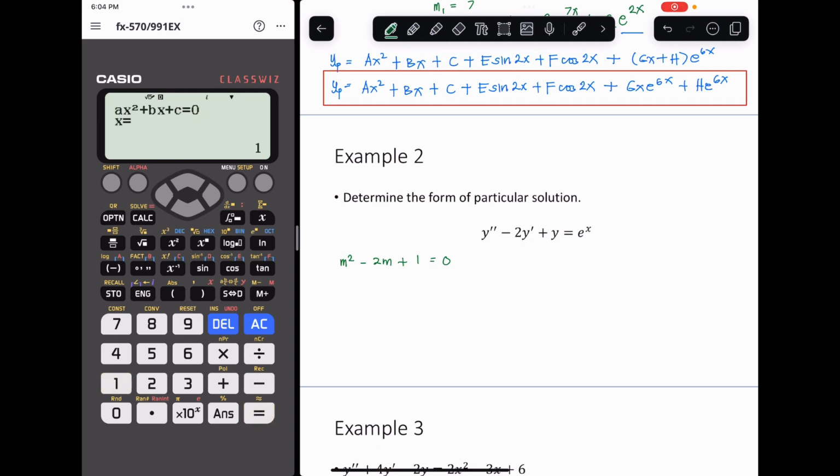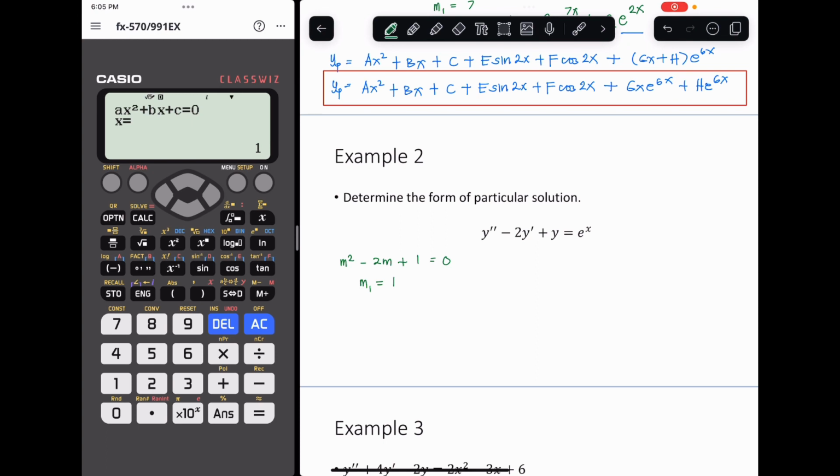So our x, or m1, is equal to 1. And as you can see here, it will only show the root, which is 1. It will not show the second root. It just so happens that this is a repeated root.